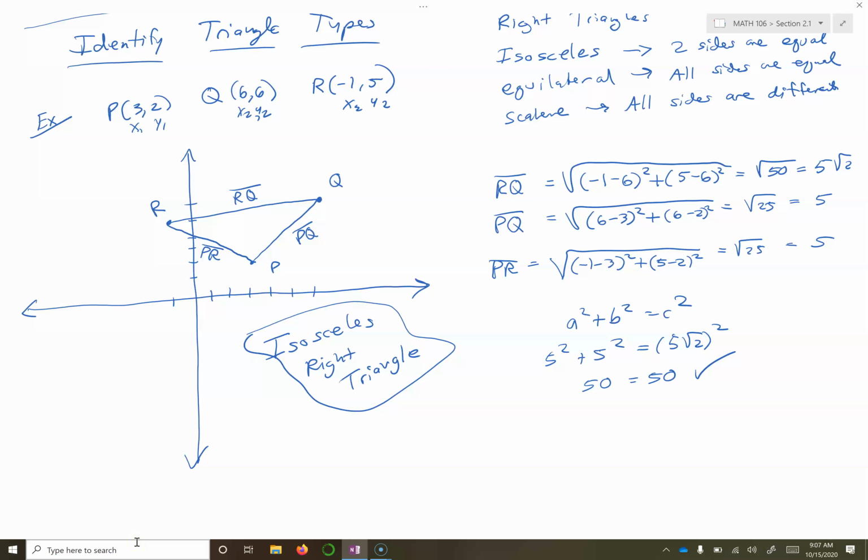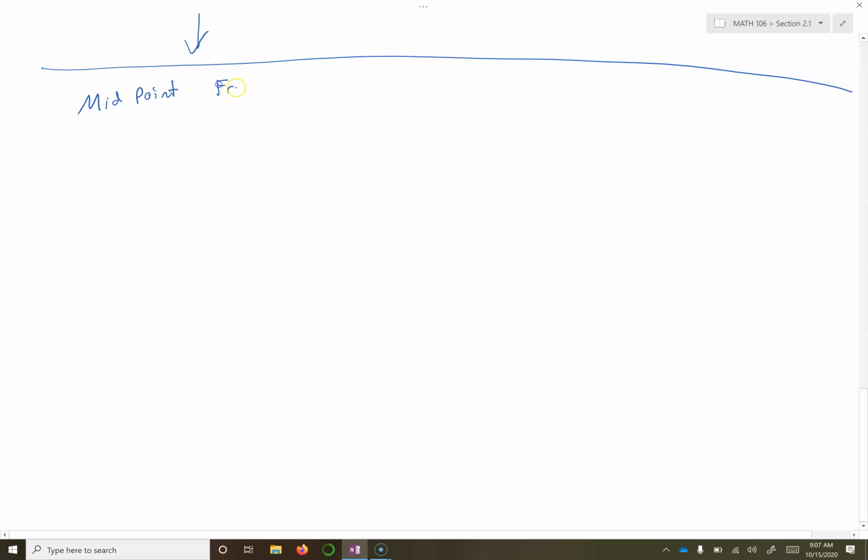All right, now the last thing in section 2.1? There's one more useful formula to calculate something, and it's called the midpoint formula. All right, so let's say I gave you 2 points. I'm going to say A is at 3, 2, and B is at -2, -4.